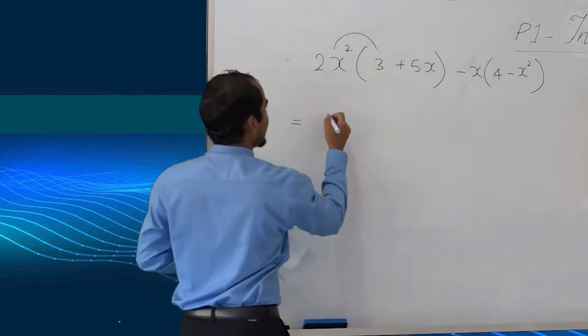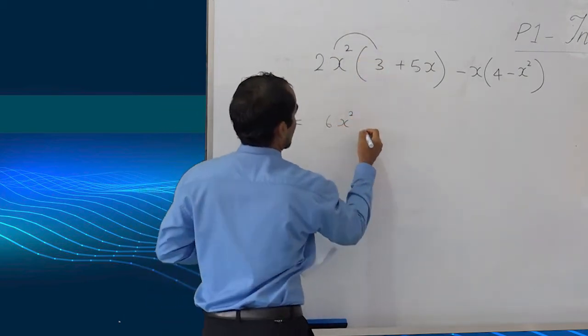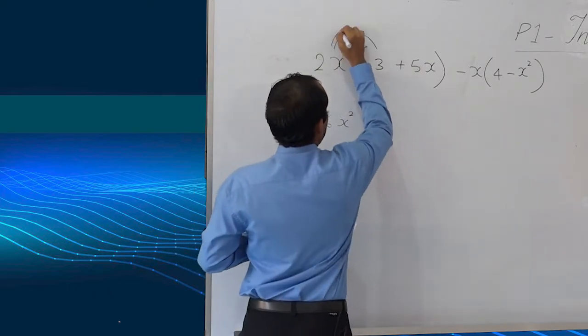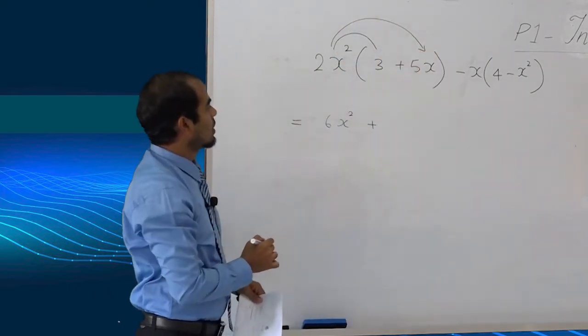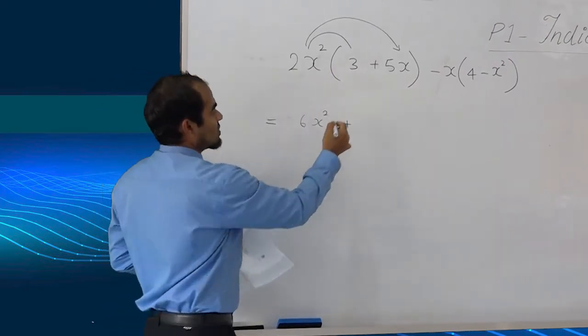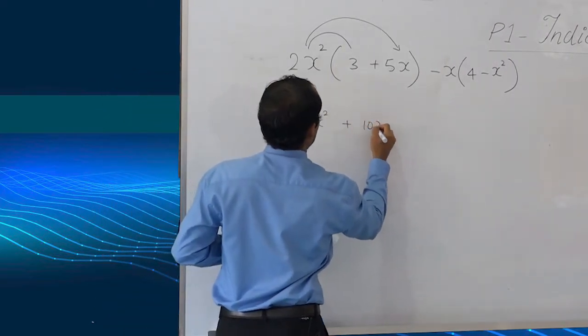So the first term will be 6x squared plus, when you multiply 2x squared with 5x, we will get 10x cubed.